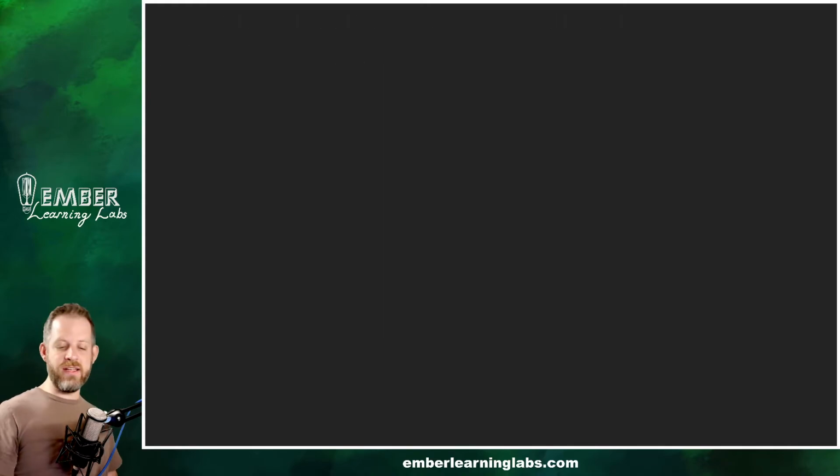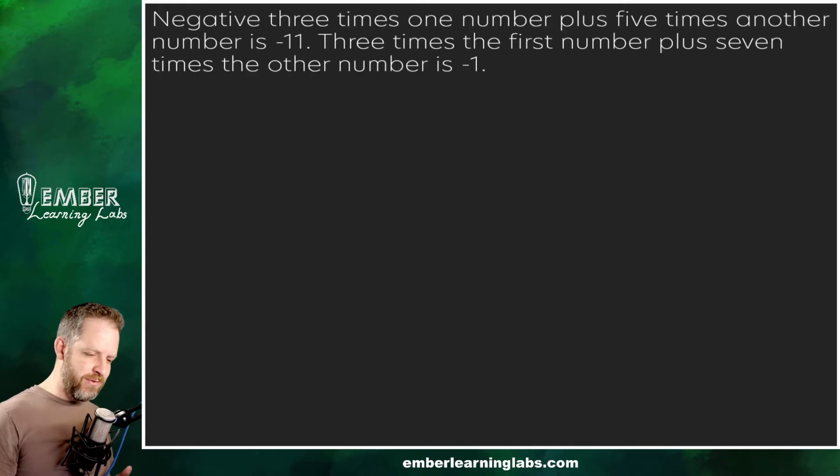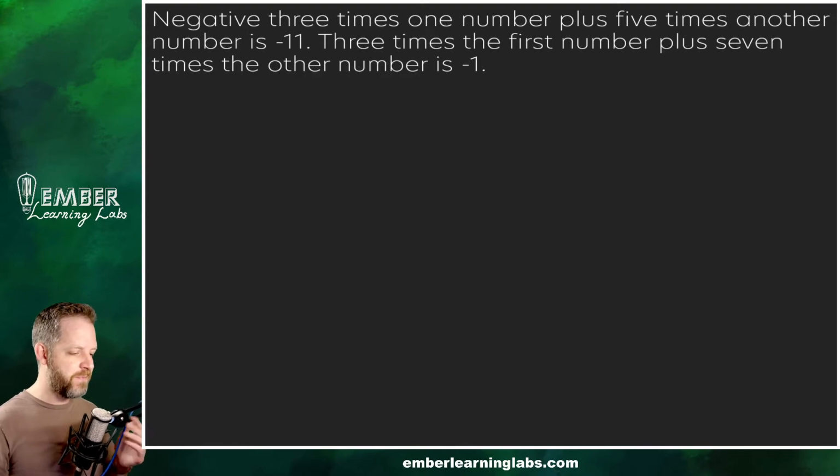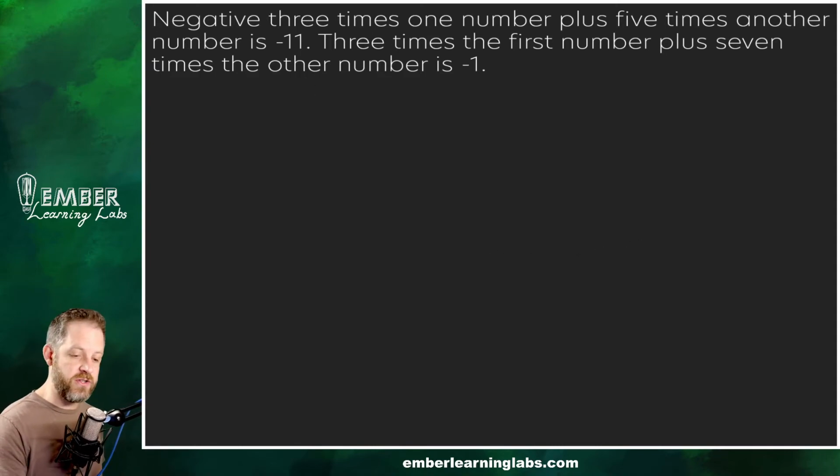This time we're going to take it from a word problem and write a system, and then we're going to solve it using elimination. So example 2, we're going to do negative 3 times one number plus 5 times another number is negative 11. So I'm going to translate that sentence first because that's going to be our first equation, right?